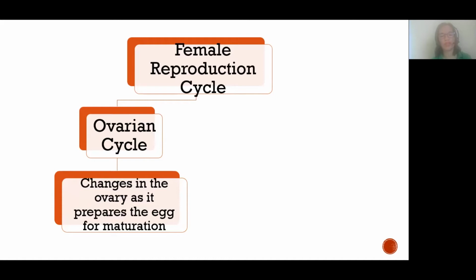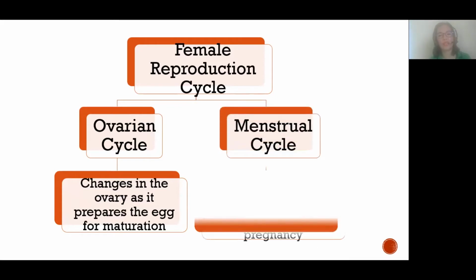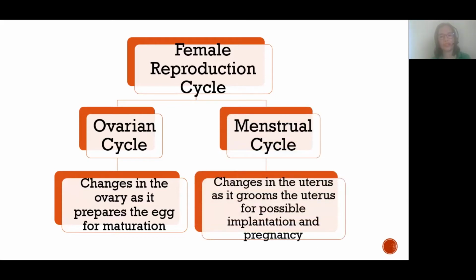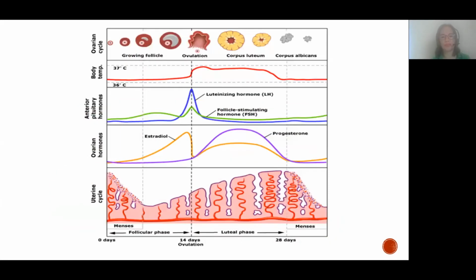So what preparations are made before the ovary releases its matured egg, which we call the ovum? The menstrual cycle, on the other hand, is the changes taking place in the uterus as it grooms the uterus for possible implantation and pregnancy. This is the complete picture of how the reproduction cycle takes place.